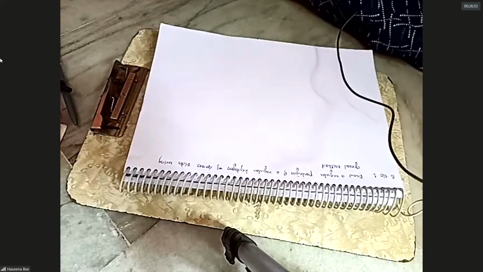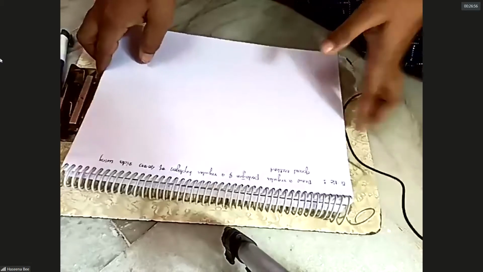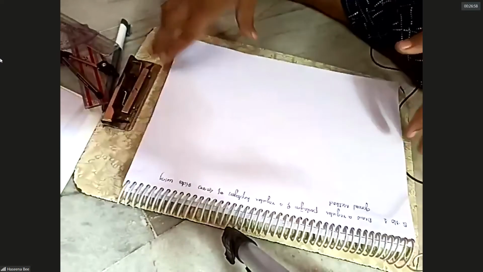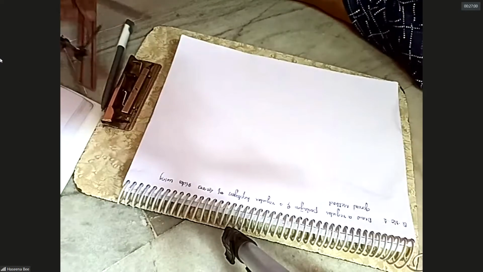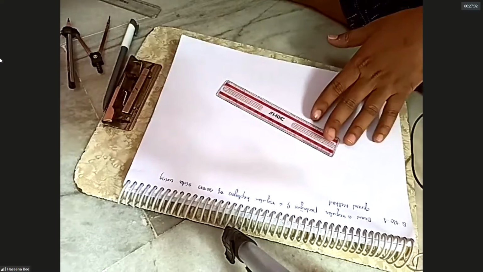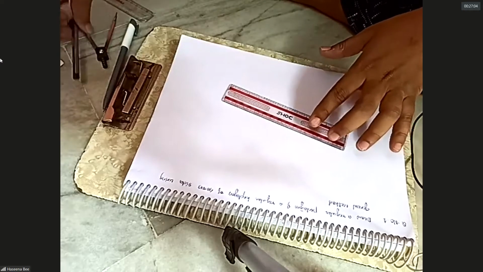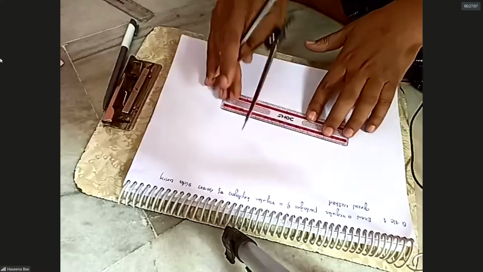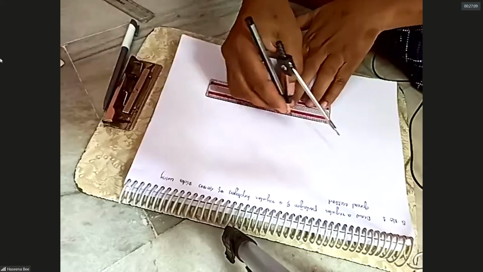So pay attention here. I will show you how to draw a regular pentagon and regular heptagon with side 40 mm. First of all, we have to draw a side of 40 mm. Everyone please pay attention.